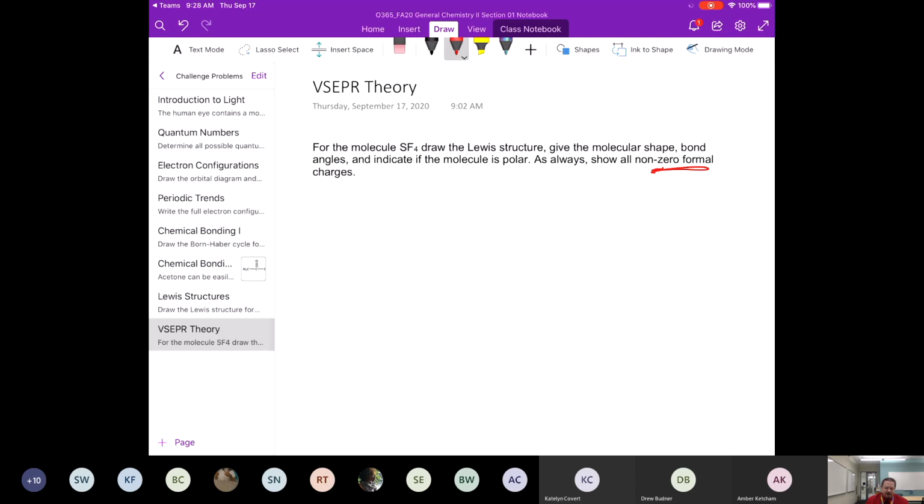So the first thing we're going to look at is the number of valence electrons. What's the total number of valence electrons we have in this molecule? How many valence electrons do we have here?